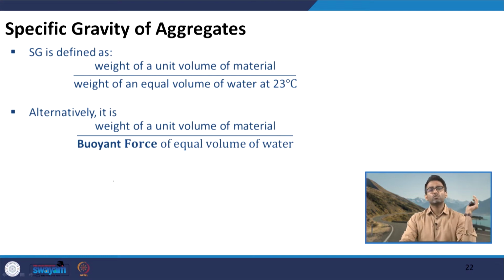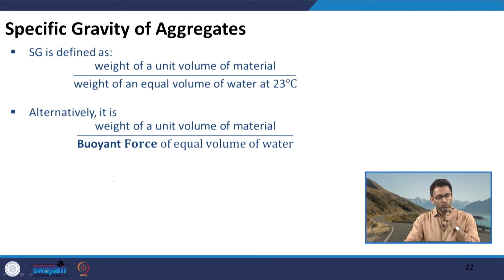Other properties which we have discussed are mostly used for the selection of coarse aggregates and fine aggregates, but these physical properties are not used as an input during the mix design process. Specific gravity is one such physical property which is also a fundamental property of the material and not an empirical test, and is used directly in the mix design calculations for concrete mixtures as well as for asphalt mixtures.